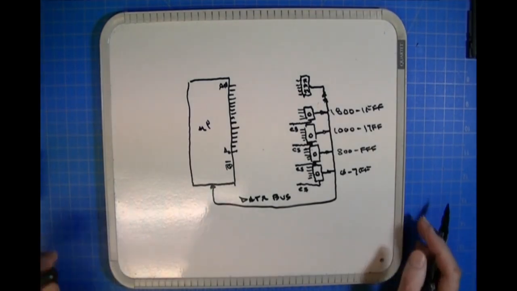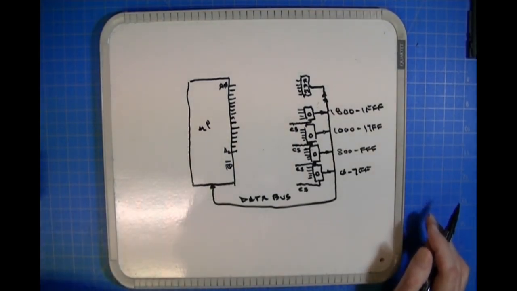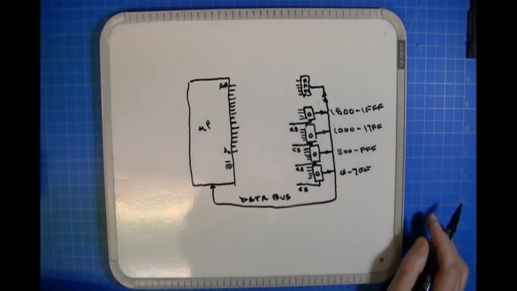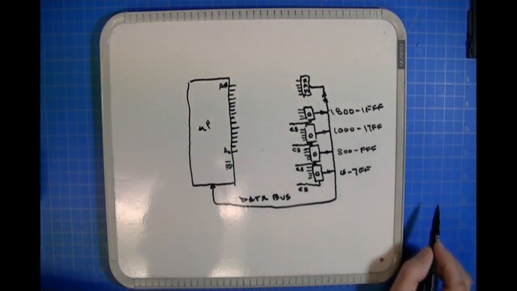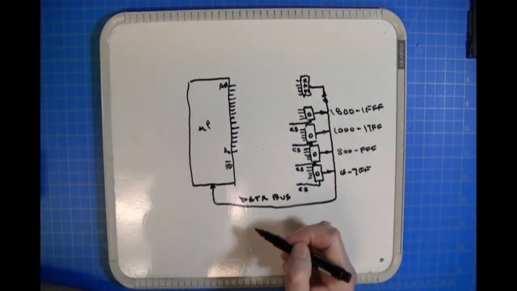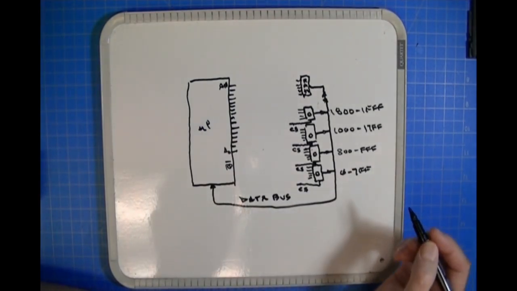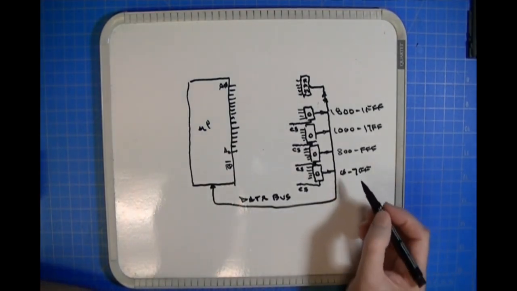Well, when a designer is designing his microprocessor-based system, what he needs to do is come up with some way to handle what happens when the microprocessor says, I want to read from address, let's just say address 0.